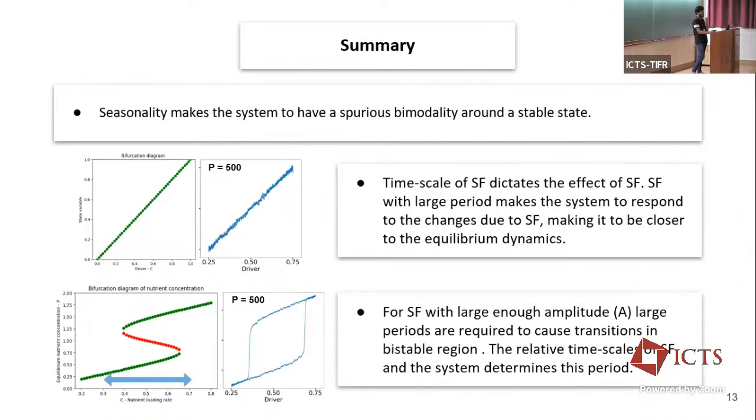And for a large enough period, the time scale required to make these transitions depends on the return time of the system. So the period of the seasonal forcing should be quite large to make such transitions occur in the system.